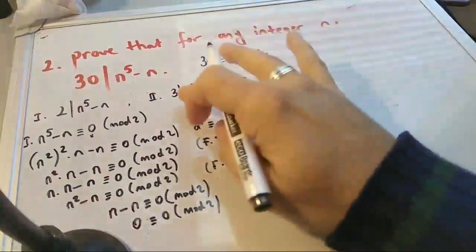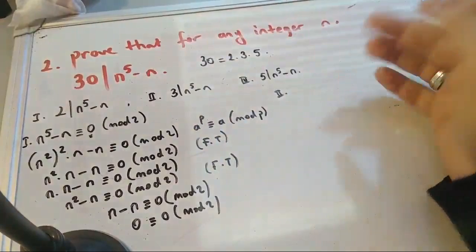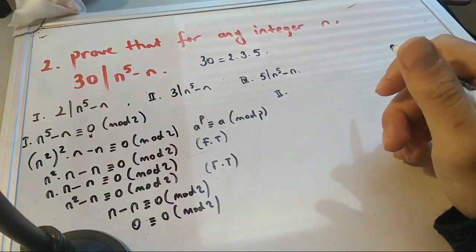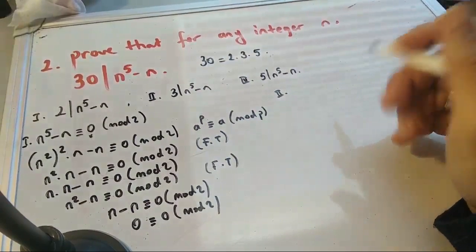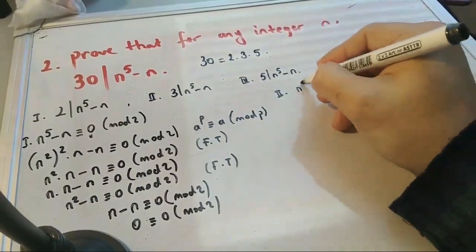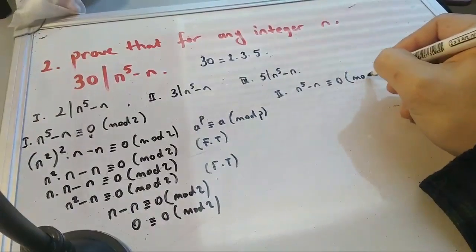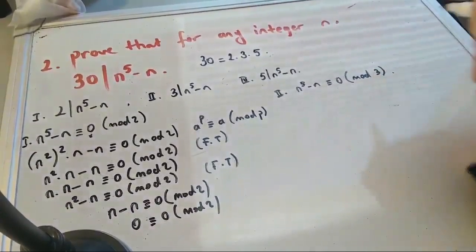So the second case, n to the power of 5 minus n is divisible by 3, converts to the modular arithmetic system. N to the power of 5 minus n is congruent to 0 mod 3.